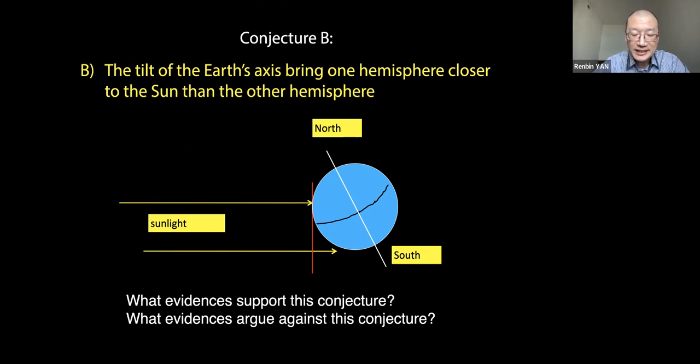So you would say, okay, because the Earth's axis is tilted, during the northern summer, the northern hemisphere is closer and the southern hemisphere is further away. But when we go to the other side of the sun, the northern hemisphere will be further away and the southern hemisphere will be closer. Could this be the correct hypothesis?